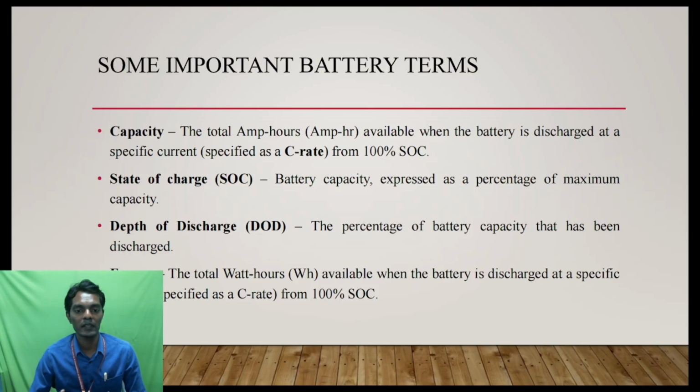Watt hour is time multiplied by power. In the previous example I said my battery can supply 10 ampere for 2 hours, which is just how much current it can supply. But now I am going to talk about how much power it can supply for how many hours.